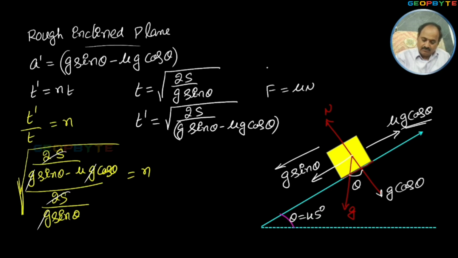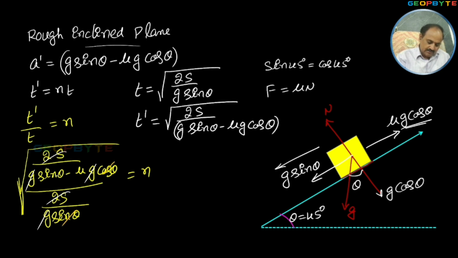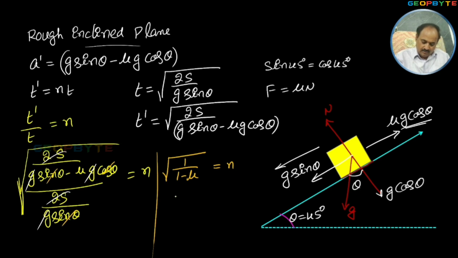Sin 45 degrees equal to cos 45 degrees, so this sin theta also cancels. Finally, we are getting root over 1 by 1 minus mu equal to n, or n square equal to 1 by 1 minus mu.